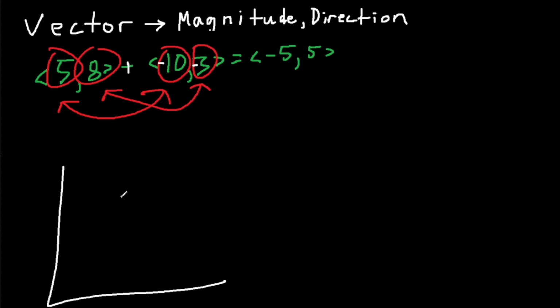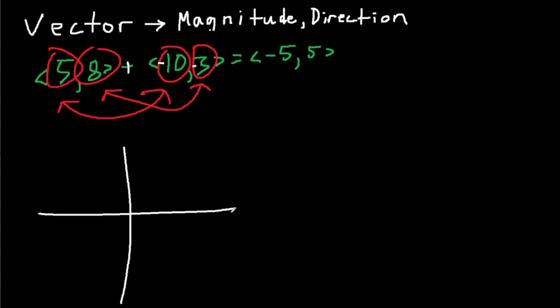Let's actually draw this on a graph. This time I'll need a full graph. And let's just call this, for ease of representing, u, and let's call this v. Let's call this w. And I'll draw 5, 8 again. 5, 8 is here. That looks about right. And -10 on the x-axis, maybe about here. And then -3 down.